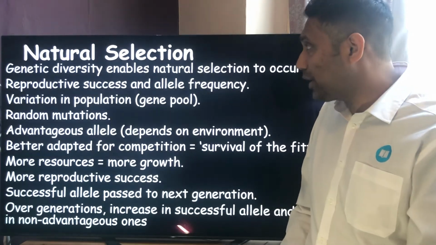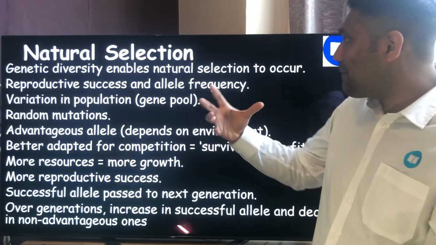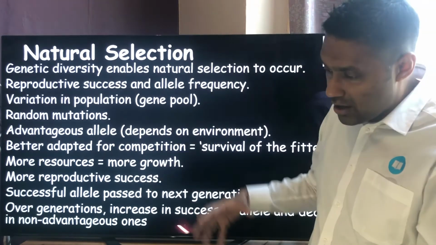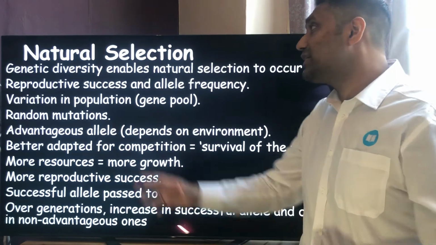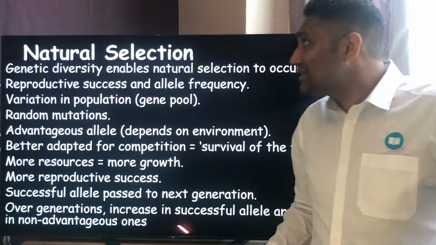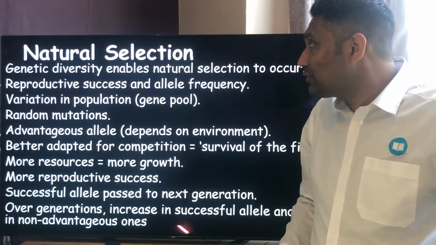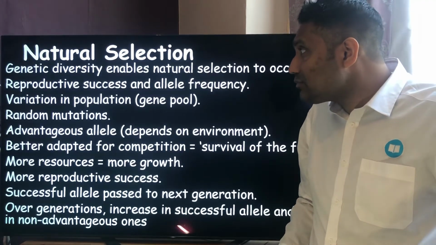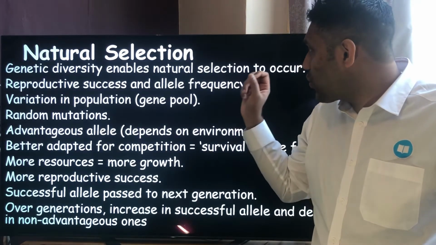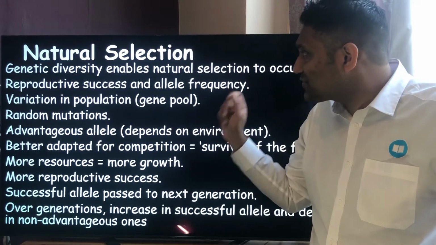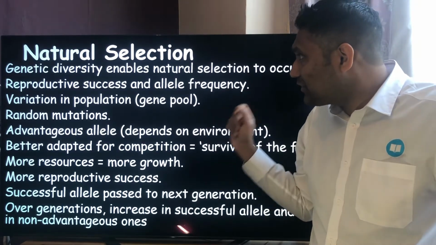So how does it all work? In every population of organisms, there is genetic diversity. That genetic diversity enables natural selection to occur. So how does this happen? Based on that, reproductive success and allele frequency will happen.